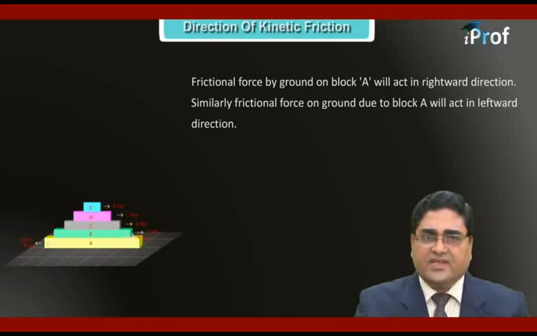Because the ground is at rest, frictional force on A due to ground is in rightward direction, so frictional force on ground due to A will be in leftward direction. So this is how we mark the direction of kinetic friction.